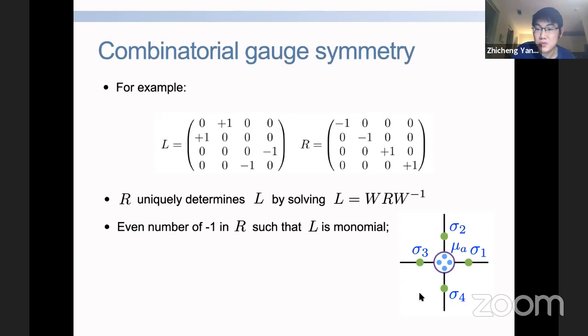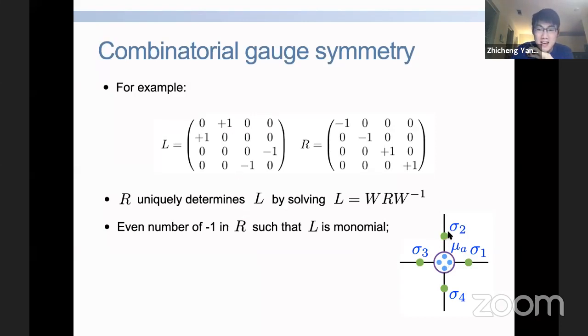I leave these two invariant. But once I specify my R matrix, L is no longer free, because I solved this equation, which was my requirement. So L is uniquely determined by R. You can see that these two things are slaved. So really, the symmetry is just Z2. You cannot freely permute anything on the matter spins.